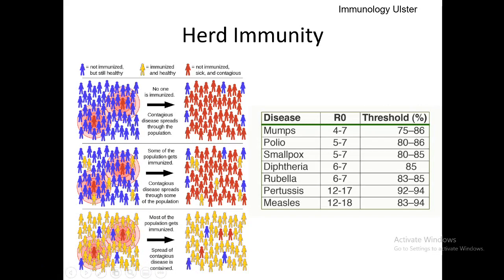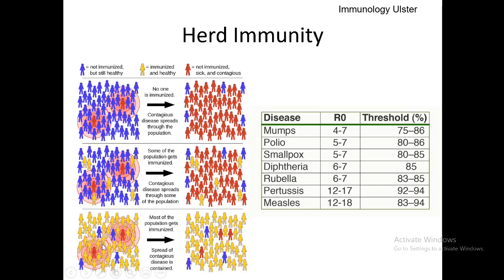Because as you can see in the bottom situation, where the yellow folk who are immunized, when they're in contact with the red person, the infected person, then the red individuals who are infected can't spread it to the blue individuals, because the idea would be the red person should be able to spread the virus or the contagion to the yellow person, and the yellow spread it to the blue.